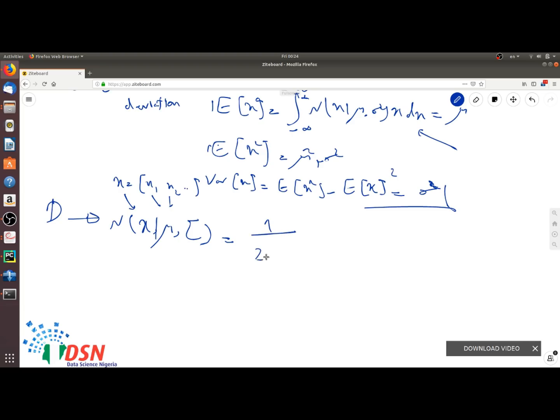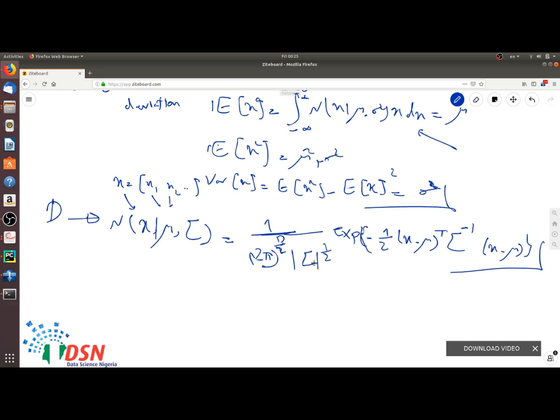We could write it as 2 pi to the power d over 2, times the determinant of sigma to the power 1 over 2, and times the exponential of minus 1 over 2 times x minus mu transpose sigma inverse times x minus mu.